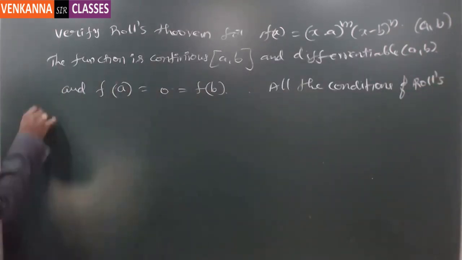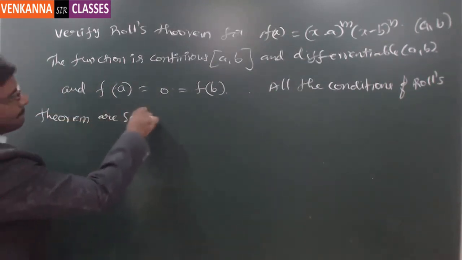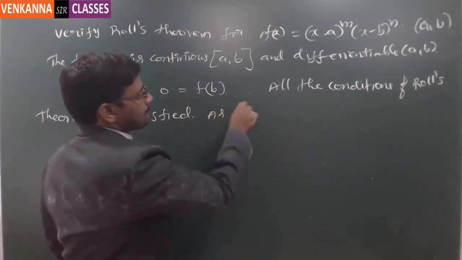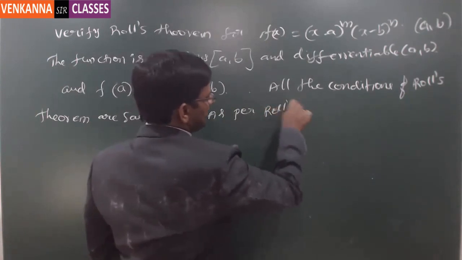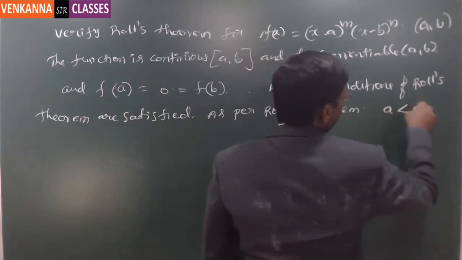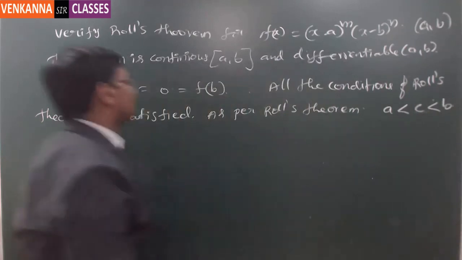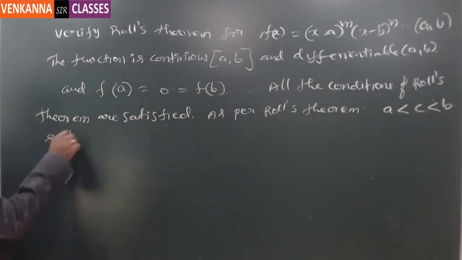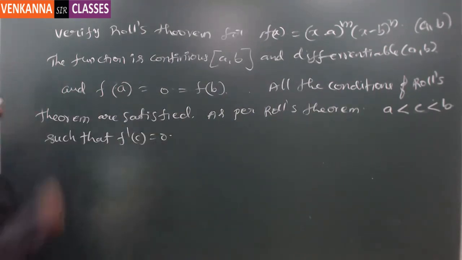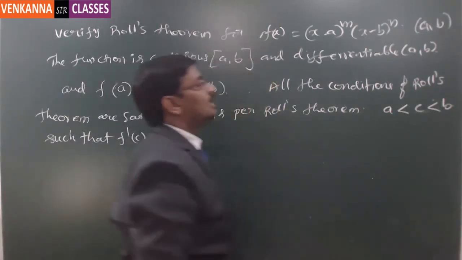So as per Rolle's theorem, there exists a value c in between a and b such that f dash of c is equal to 0. Here the given function is f of x is equal to (x minus a) whole power m into (x minus b) whole power n.